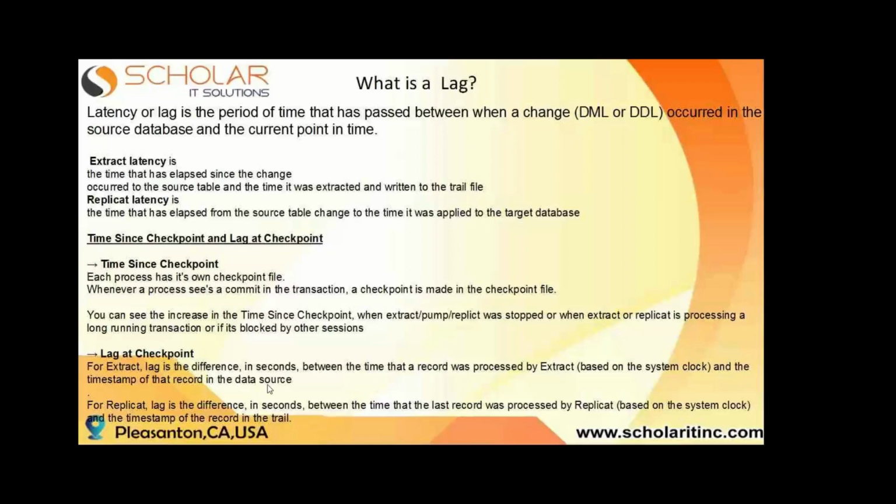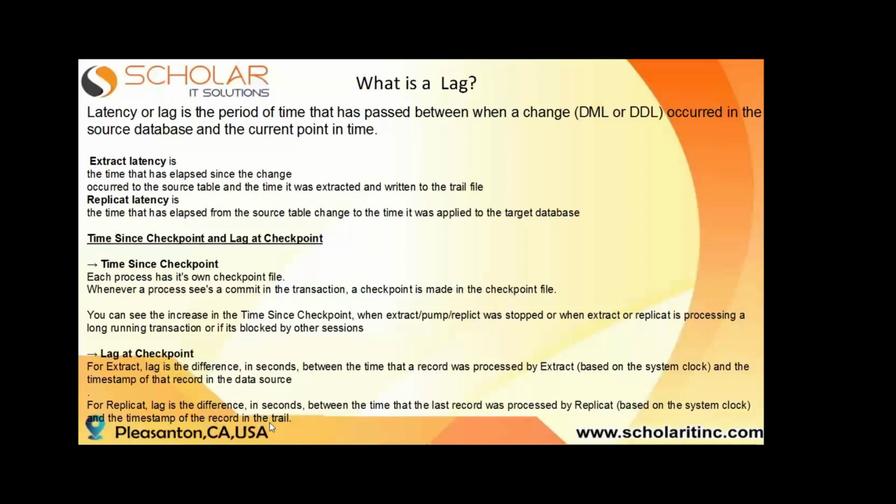Straightforward. And for the replicate, the lag is the difference in seconds between the time that the last record was processed by the replicate based on the clock and the timestamp of the record in the trail.